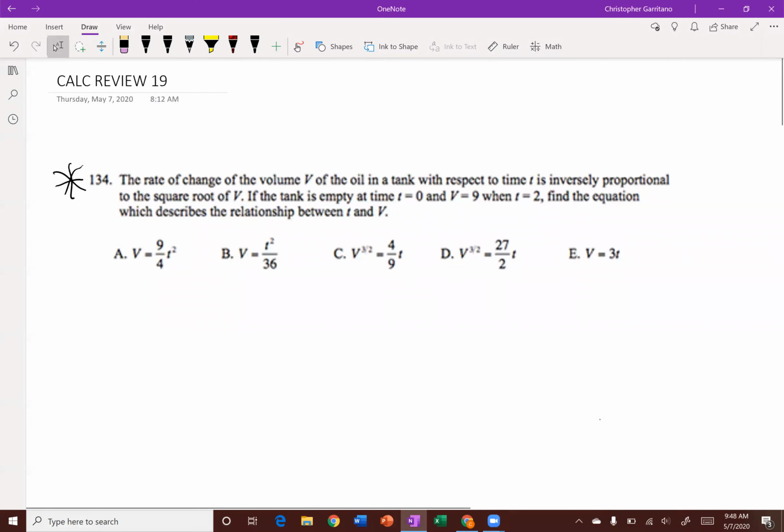All right, let's start with this problem here, the multiple choice. The key to this problem is understanding the language that we are given.